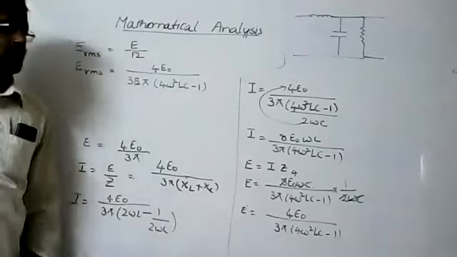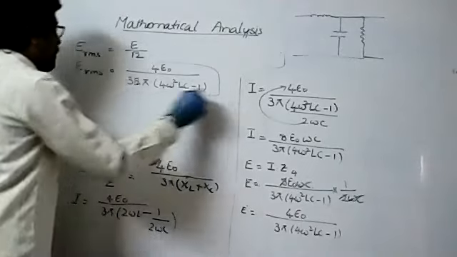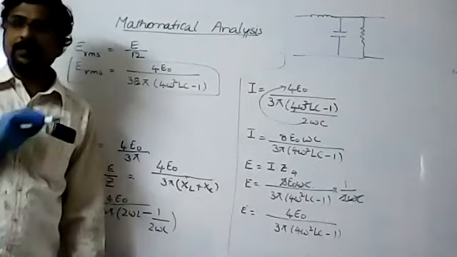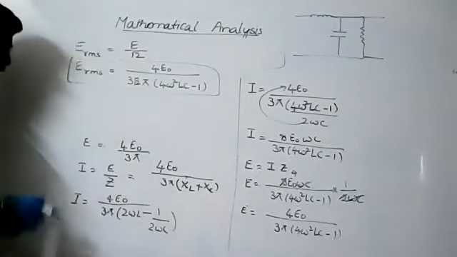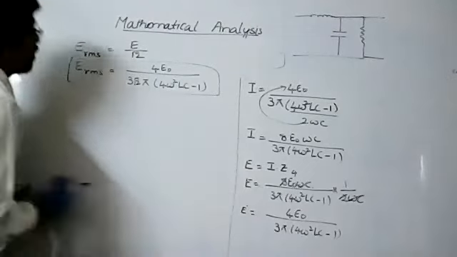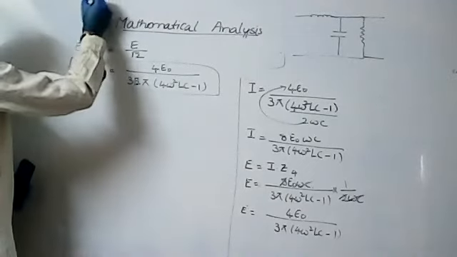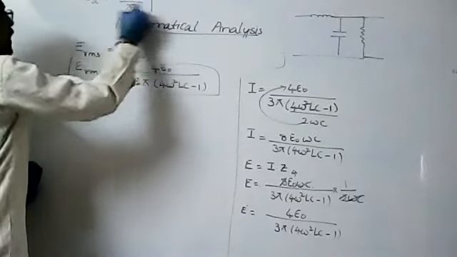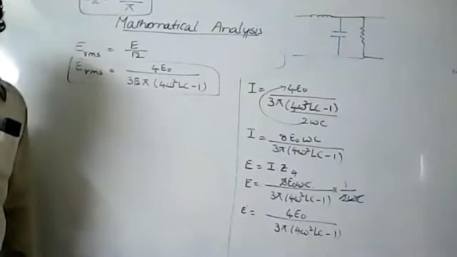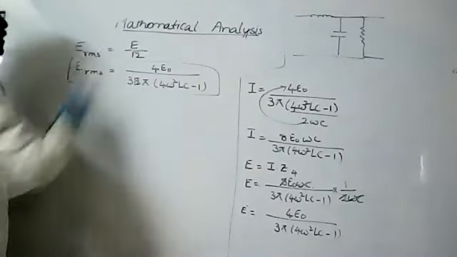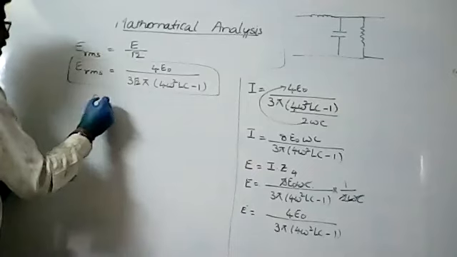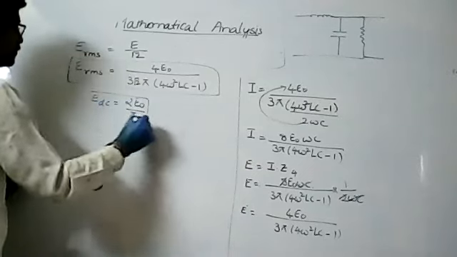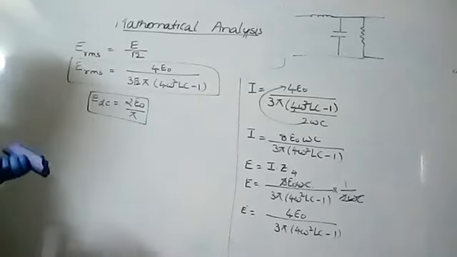So ERMS is equal to 4 E naught by 3 root 2 pi into 4 omega square LC minus 1. Now I got ERMS. Already I have EDC. What is EDC? EDC is equal to 2 E naught by pi.